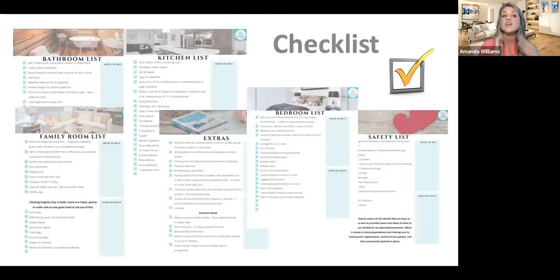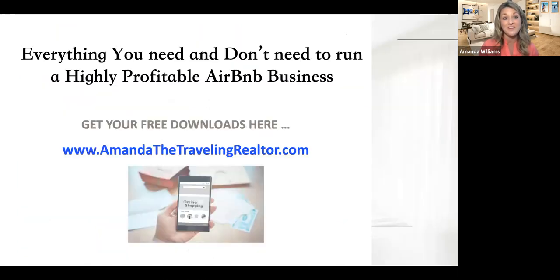So I have checklists with everything that you need for each and every room. Just keep in mind as you're furnishing these properties, white is always great because you can bleach it and it makes it look just clean. And I think now, just having something clean is way more important than anything else.